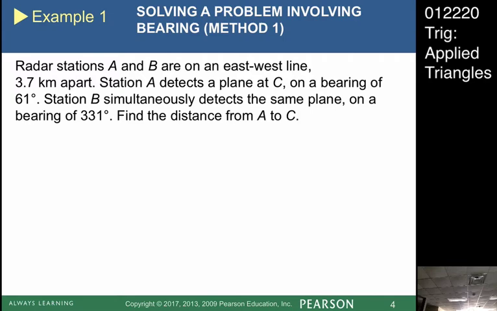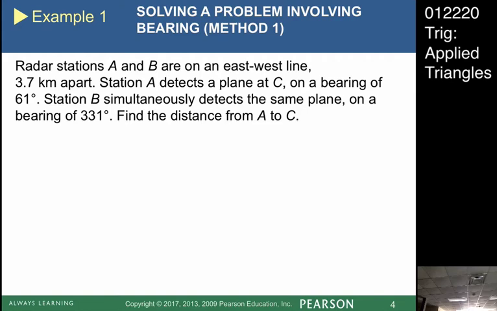So from north, it would go 90, 180, 270, and then what did it say? 331. So this is 331 degrees. Find the distance from A to C.